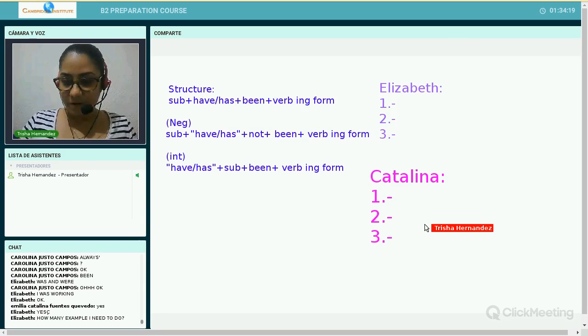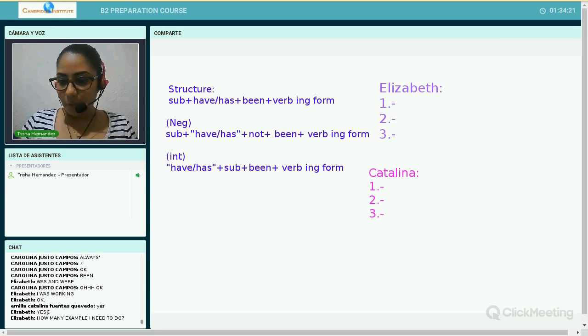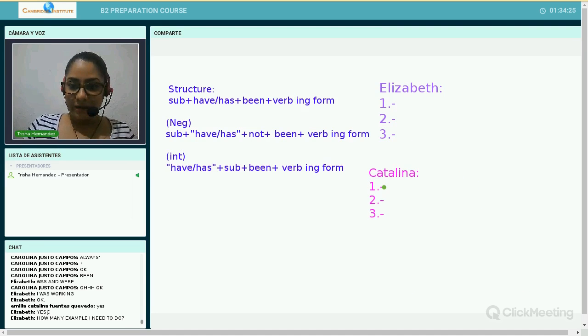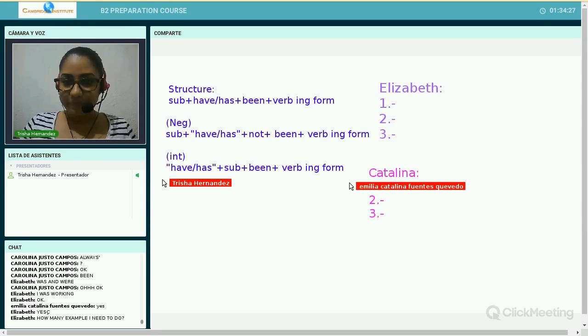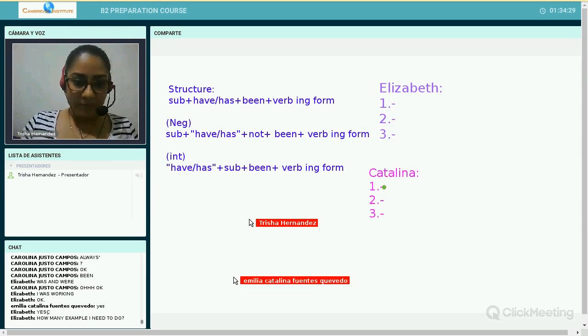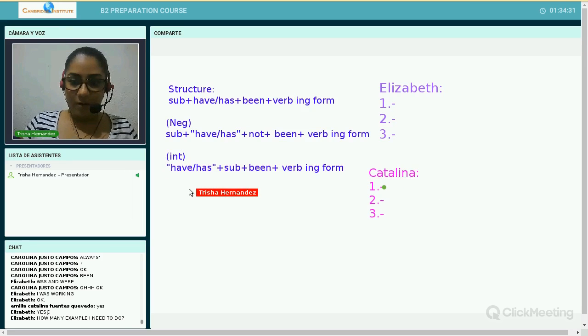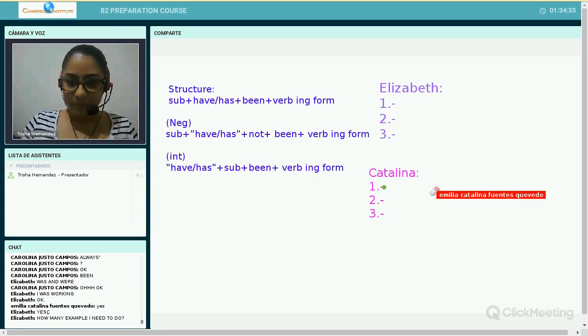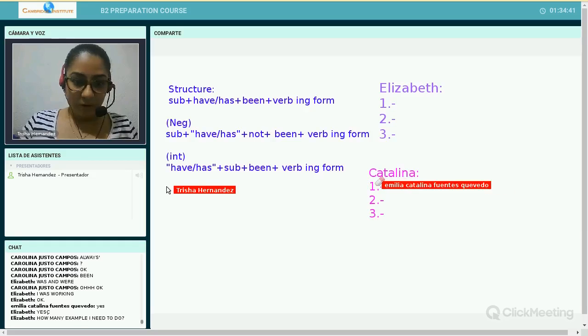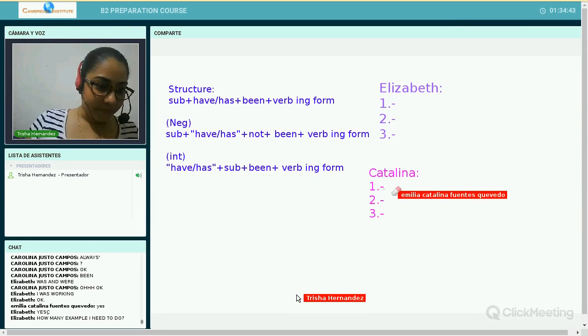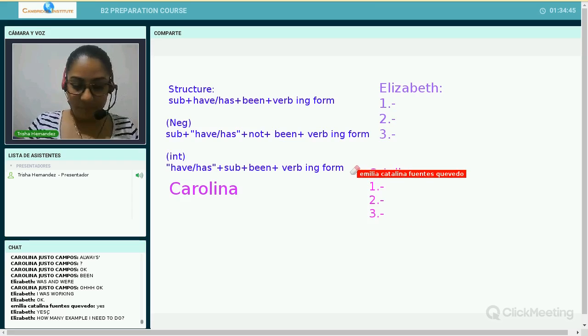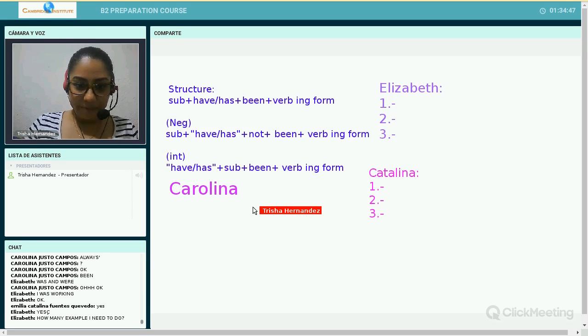There is Catalina. I'm going to share the board with you. Elizabeth and Catalina can start already. And this is for Carolina.